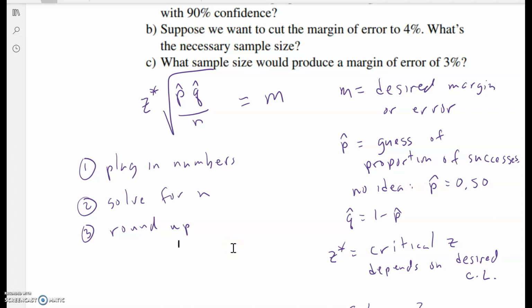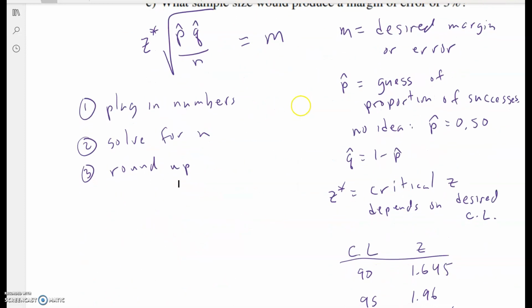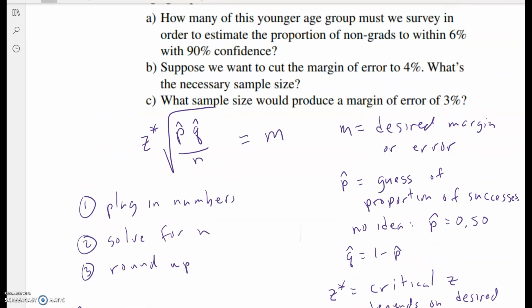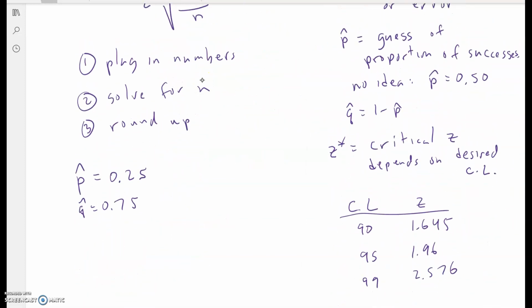Okay, so let's work this one out. It says here 25% of adults didn't graduate from high school, so we'll just use that for the p hat. Now you could say, well, probably for younger people the percentage is lower. You could take an educated guess, but we'll just use p hat 25%, q hat 75%, and then 90% confidence, so that's 1.645.